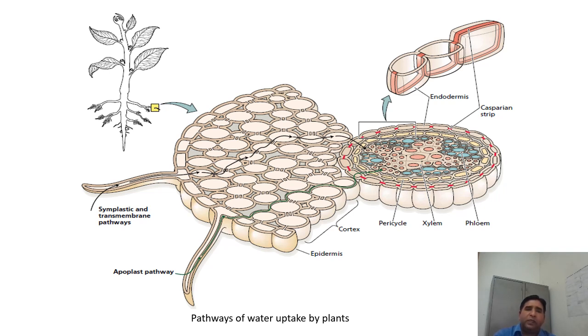But in the symplastic pathway, water enters from one cell to another cell, and in this way it reaches the pericycle and endodermis of the roots. Because the endodermis of the root contains Casparian strips, and the Casparian strips do not allow the movement of water through the cell wall, all the volume of water passes into the cells of the endodermis through the symplastic pathway.